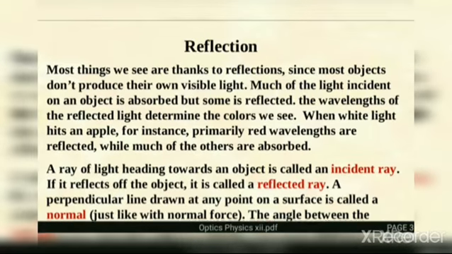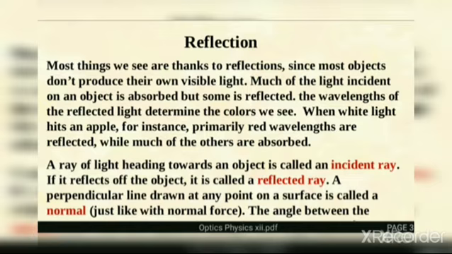Most of the things you see, in fact you can say whatever you can see, is because of reflection. Much of the light incident on the object is absorbed, but some is reflected. The wavelength of the reflected light determines the color we see.